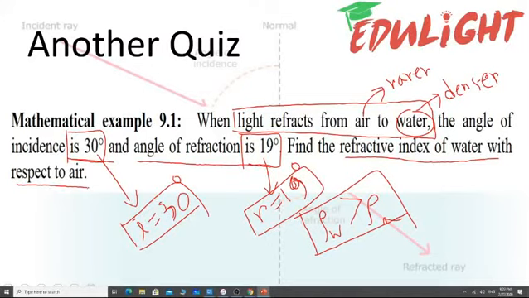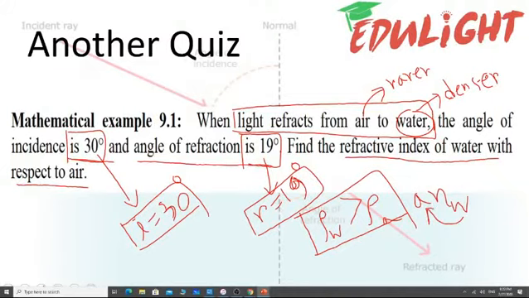Expressed mathematically, the refractive index has subscript A and W, with W and A written in the subscript positions. That means the refractive index of water with respect to the air medium.